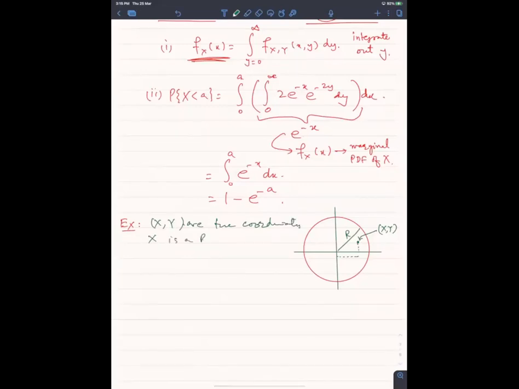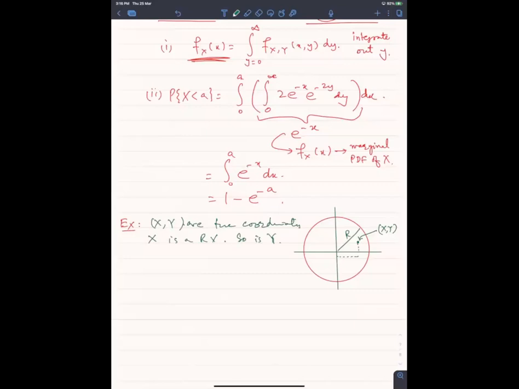X is a random variable, so is y. X and y both are random variables. Horizontal distance from the origin is x, vertical distance from the origin is y.